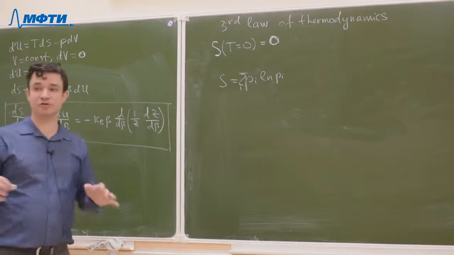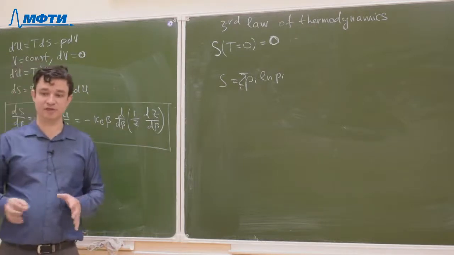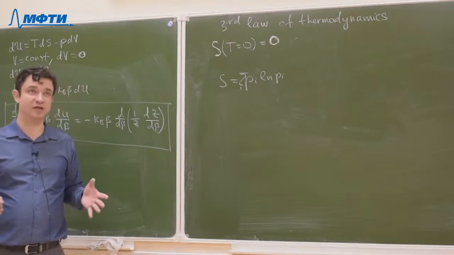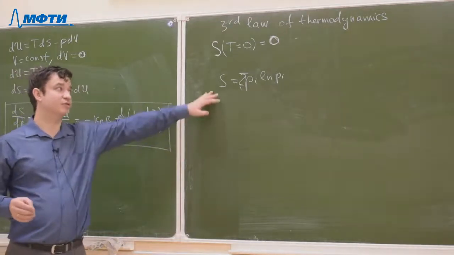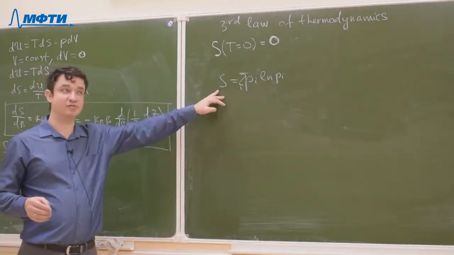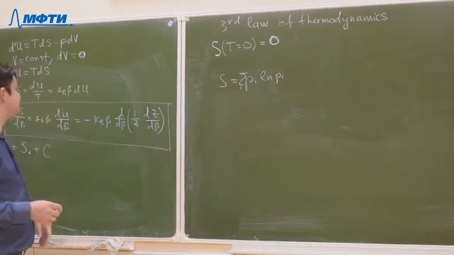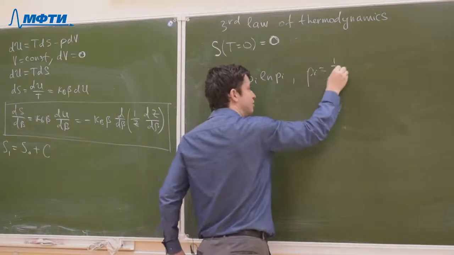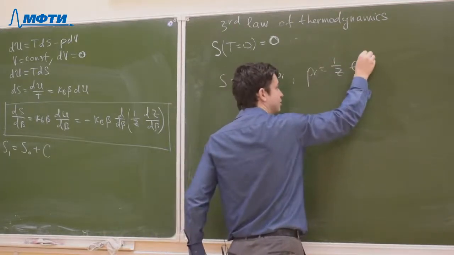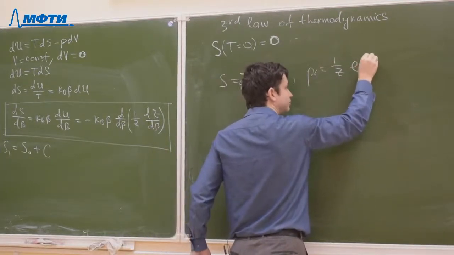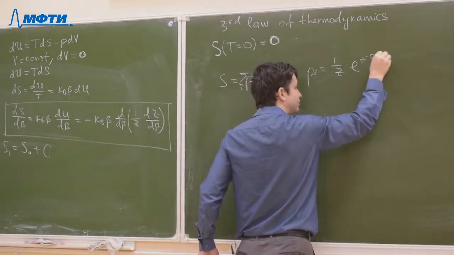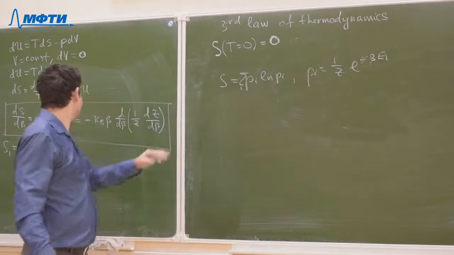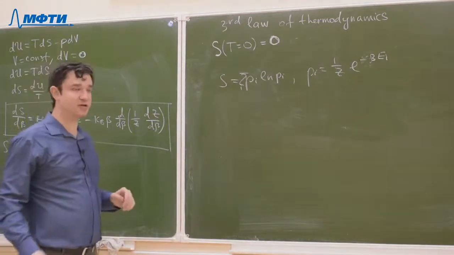I am not going to show it now because it's quite complicated in terms of derivations and transformations, but nevertheless it can be shown that this quantity defined in this way, where Pi is a probability defined as this, indeed satisfies this equation.